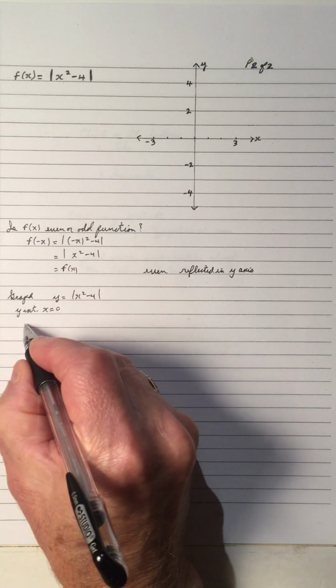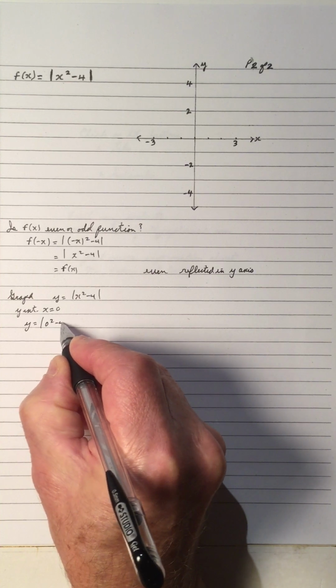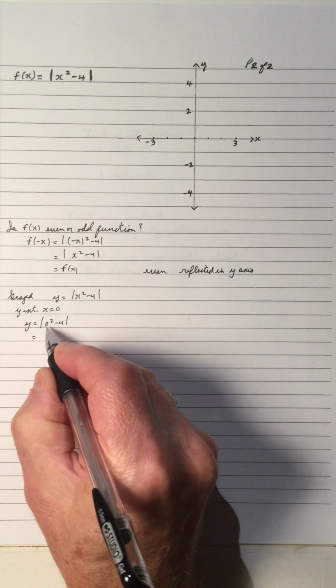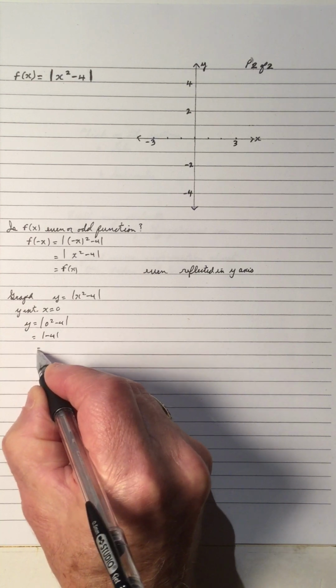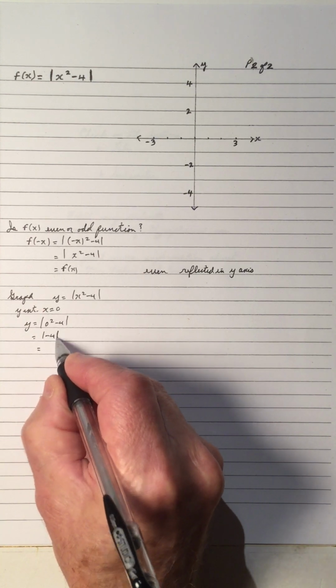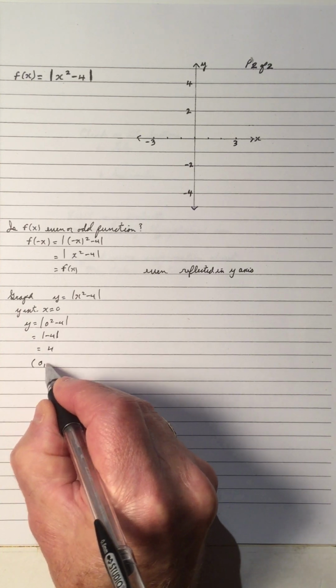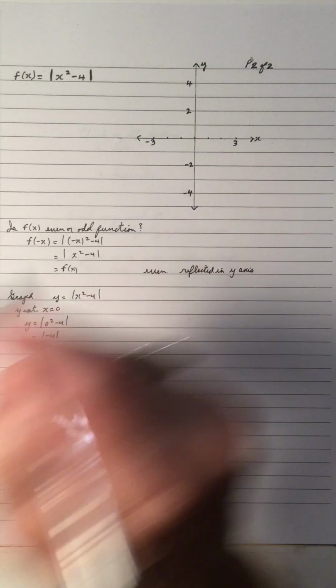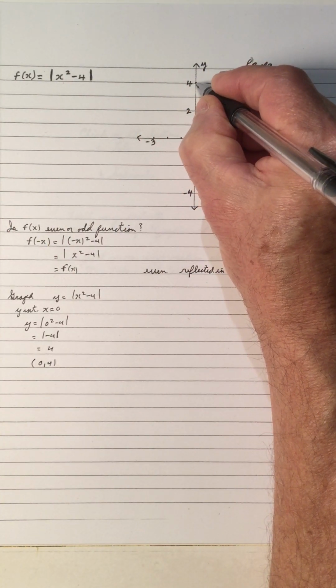We make x equals 0, so 0 squared is 0, so that's a negative 4. The absolute value of negative 4 is 4. So when x is 0, y is 4. So that's that point up there.